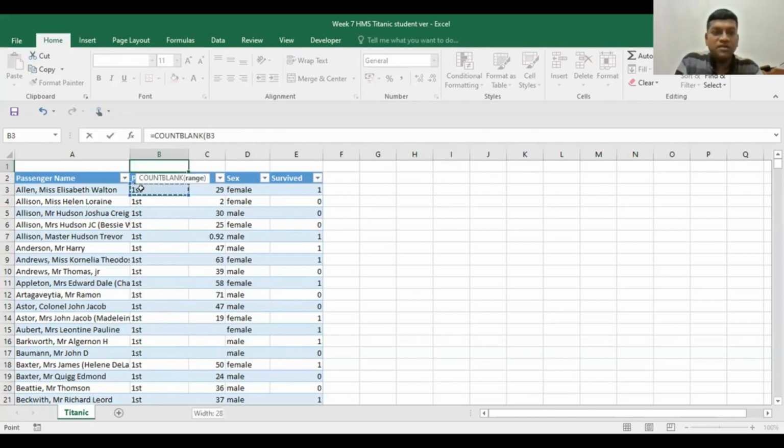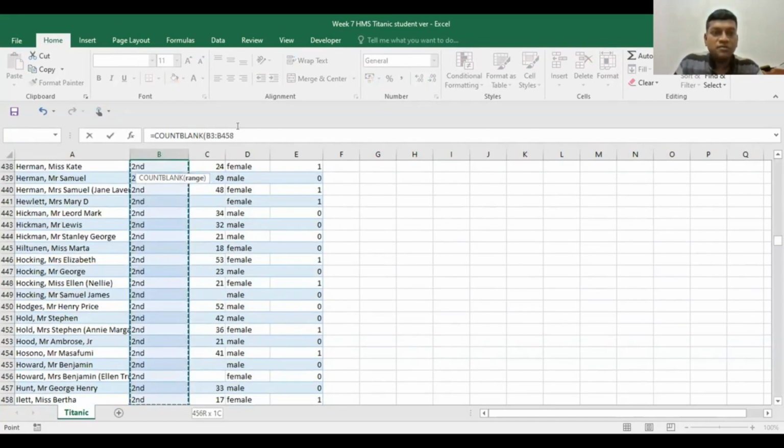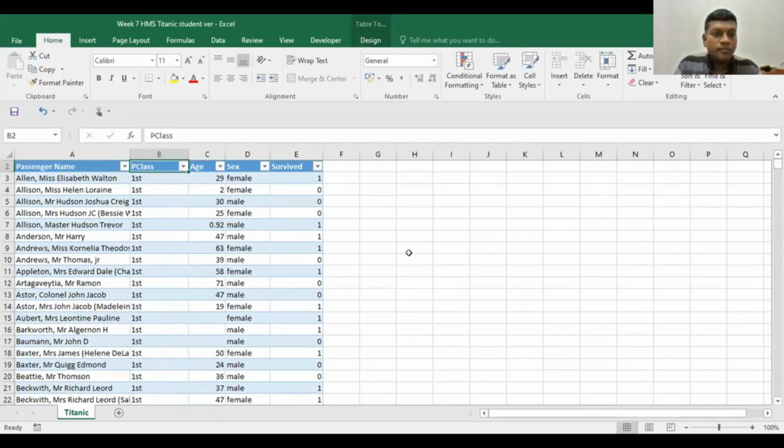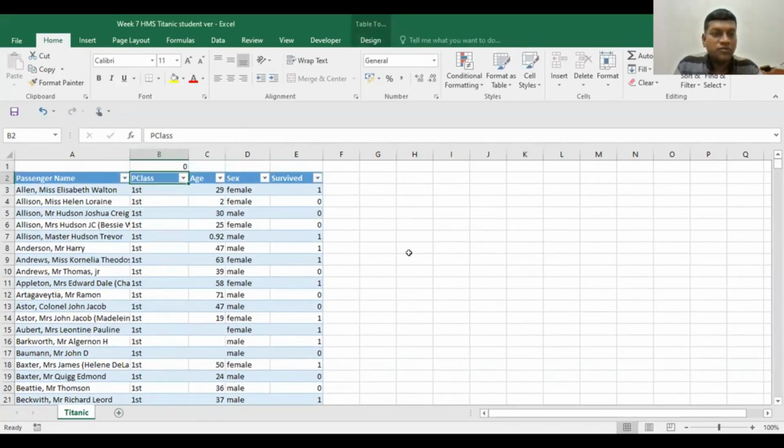Control Shift down. Zero. Okay, there is no problem there. Let me drag the formula here. There are 119 blanks because we don't have information about the ages.